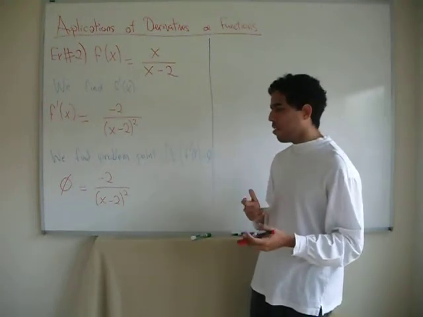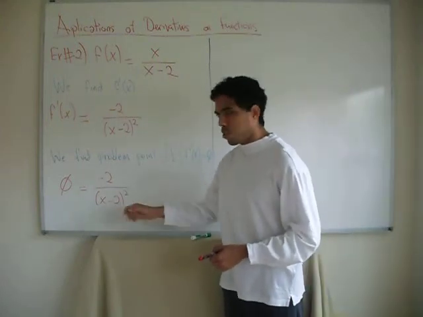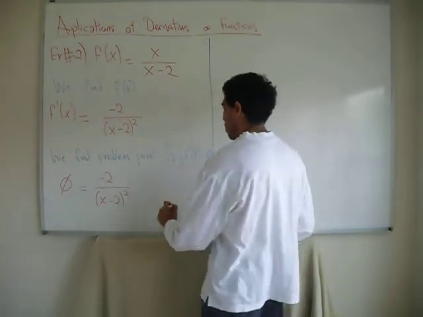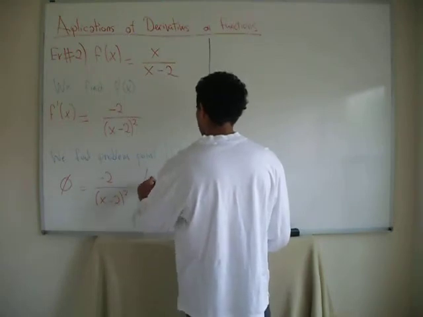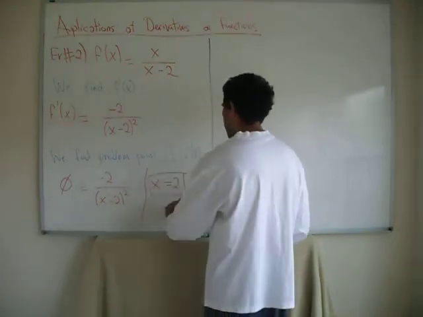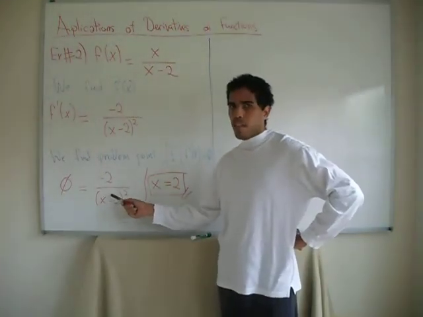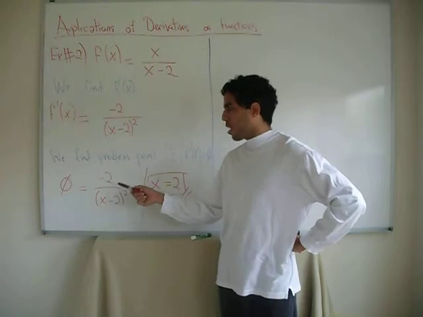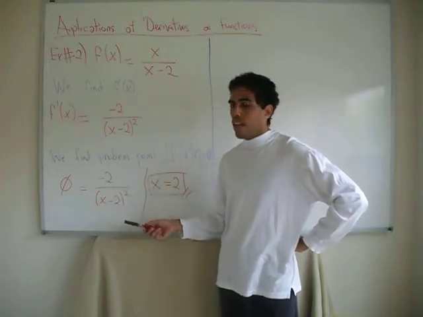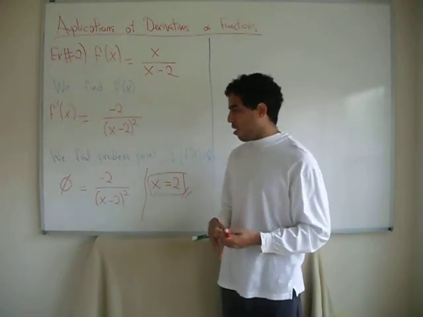In this case it's x equals 2. Why? Because if x equals 2, we're going to have 0 at the bottom of the division, and 2 over 0 is infinite. Not quite 0, but we know there is an issue with the first derivative here.